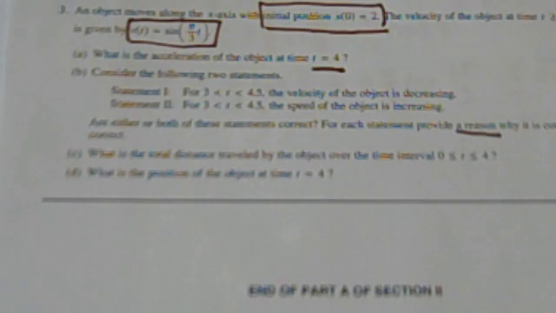Now here it brings out a very interesting concept and lesson that I believe we need to remember, especially dealing with particle motion problems, particle moving problems. It is this idea of velocity versus speed.